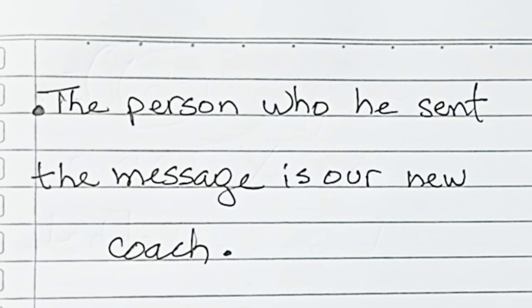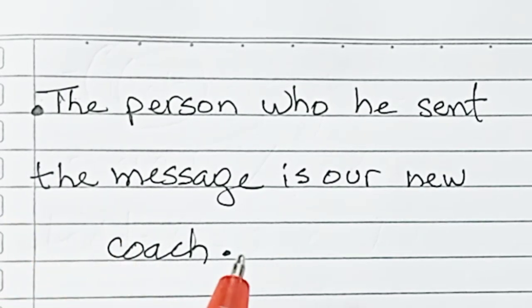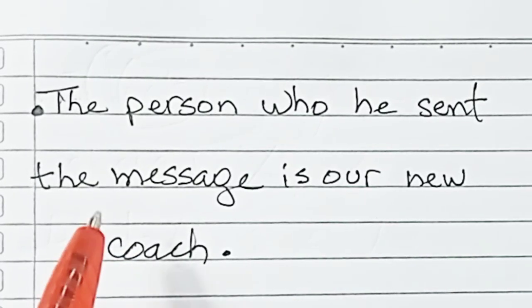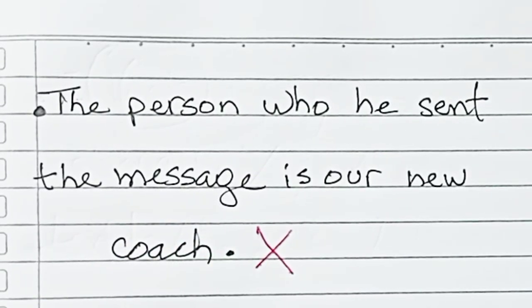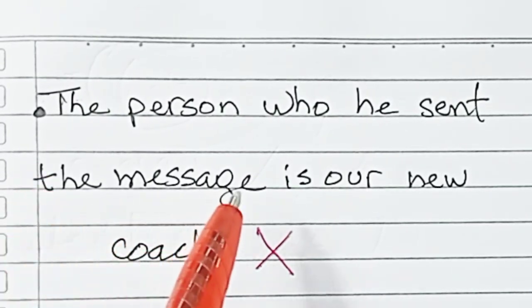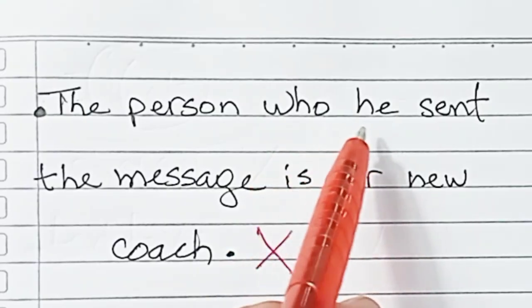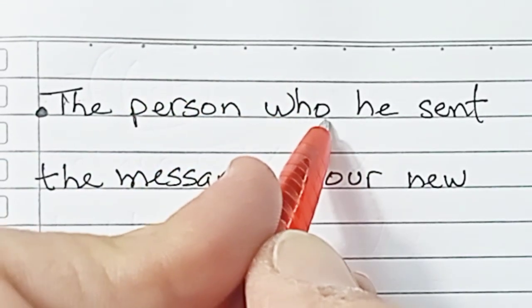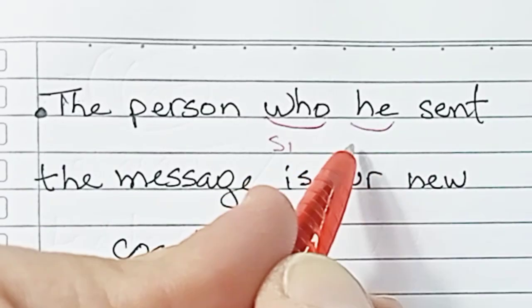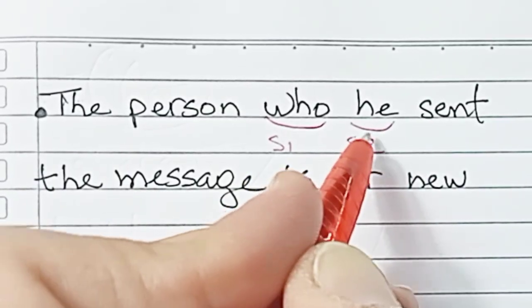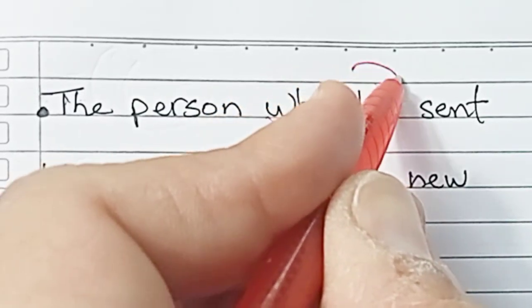Next sentence is, the person who he sent the message is our coach. Spot the mistake. 3, 2, 1. The mistake is we have who, which is the subject number 1, and we have he, which is subject number 2.